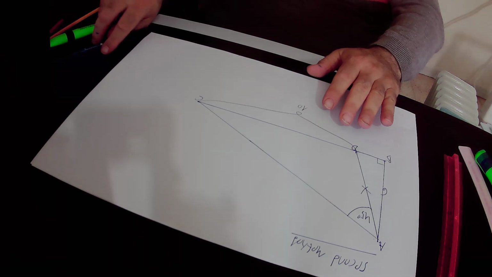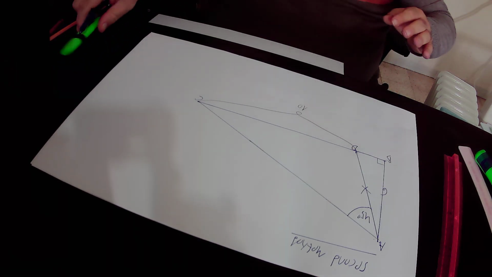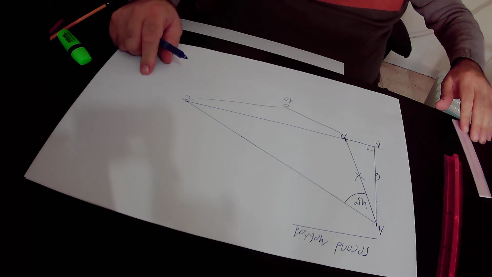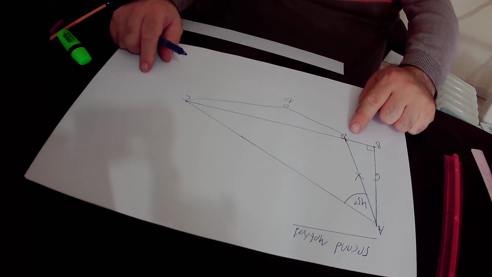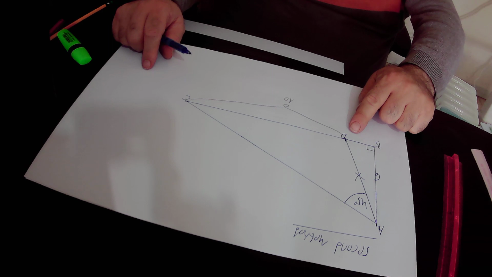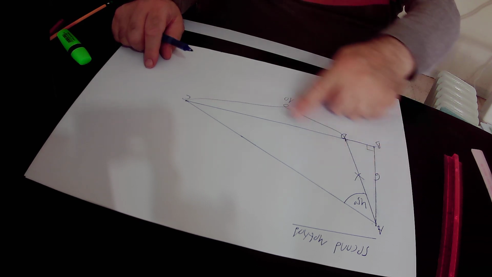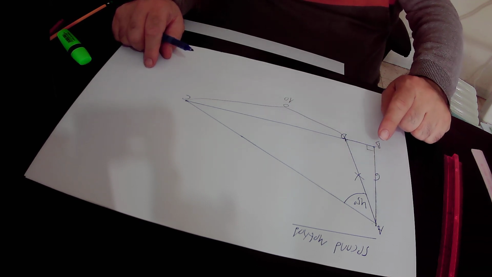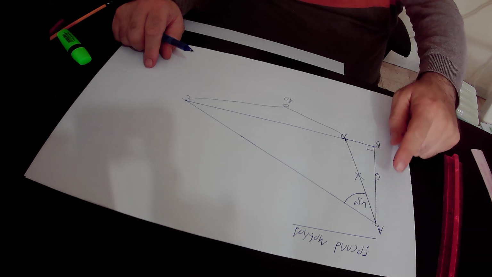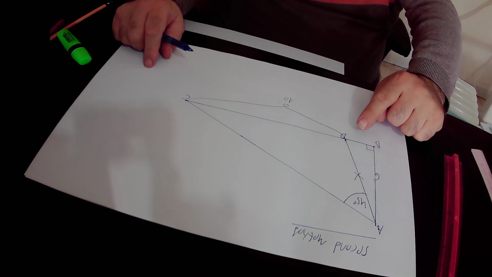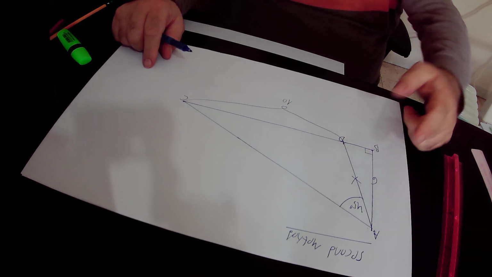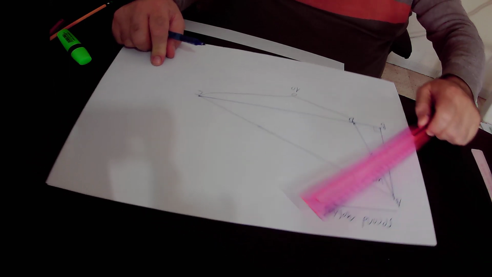In the second solution, we'll do another construction. From point D, we'll draw a straight line to AC in such a way that the angle created by the straight line and AC will be equal to 45 degrees.